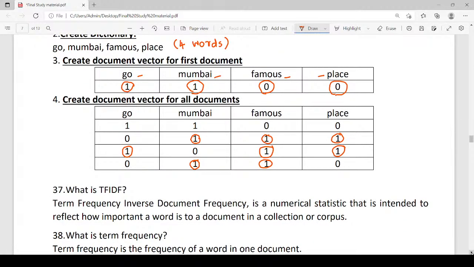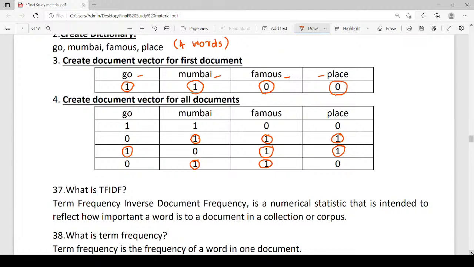Now what is term frequency? Exactly, Vikash, you got it right. Can someone tell me what is term frequency?